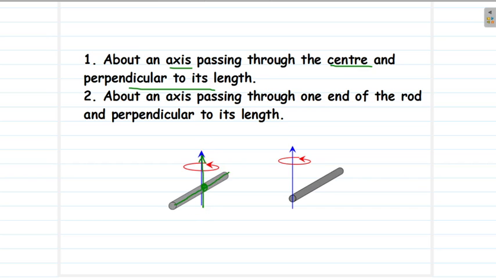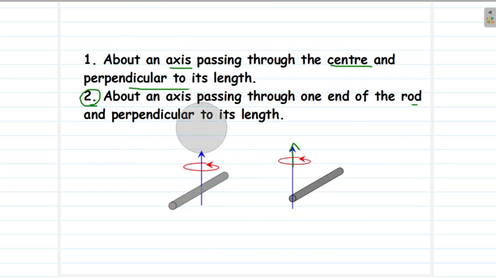And secondly, we will calculate the moment of inertia of the same rod about another axis, and that axis passes through one end of the rod. So these are the two cases which we are going to look into.